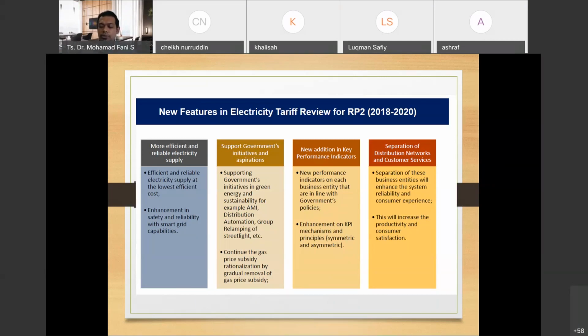And for the customer service, they have maintained the price cap based on the selling of the electricity. It's too risky to put distribution network under one roof together with customer service. This distribution network must be standalone, with its own revenue calculation so that it can sustain the operational, CAPEX and OPEX costs congruently.